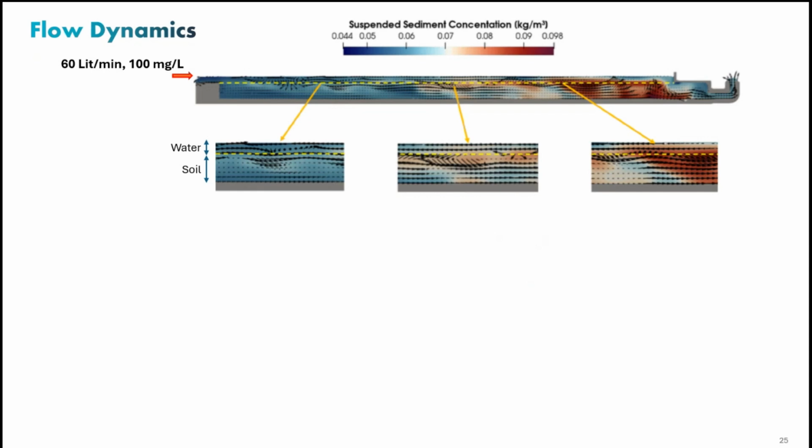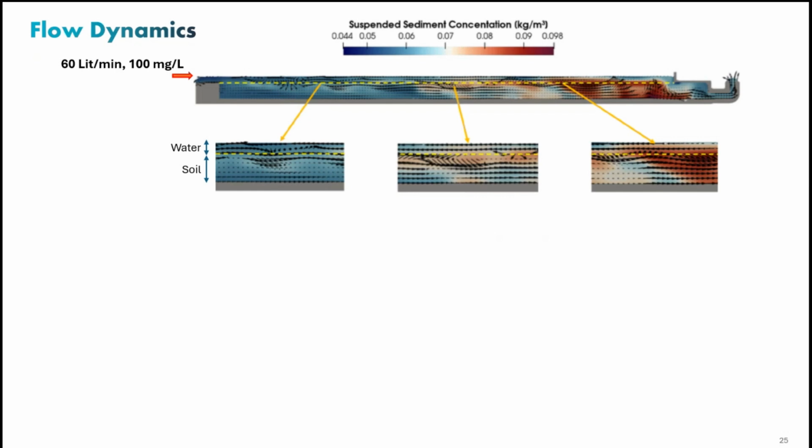So this is basically showing the sediment concentration and flow dynamics through the soil and above the soil. It is not only showing how sediment is moving through the system, it's showing in what direction flow is moving. I have highlighted 3 different areas where we had the PIVs: beginning of the channel, middle of the channel, and at the end.